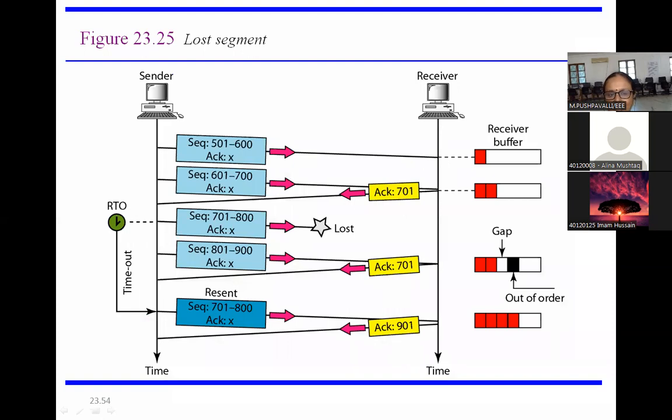Segment loss is not only about the acknowledgement not being received from the receiver side; it can also come from the sender side. You see, this is the receiving buffer. Do you all understand?